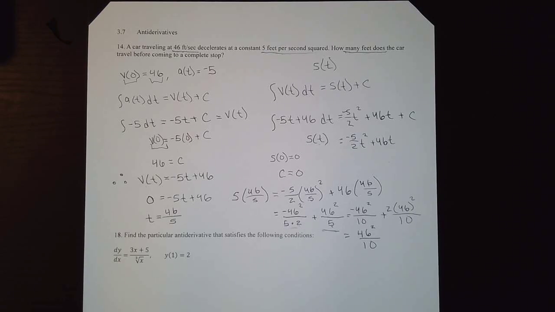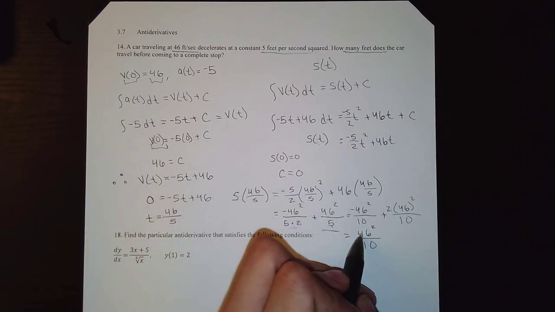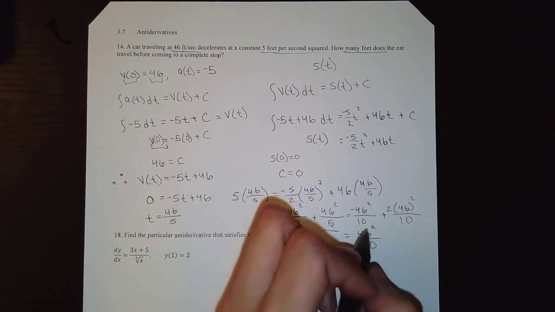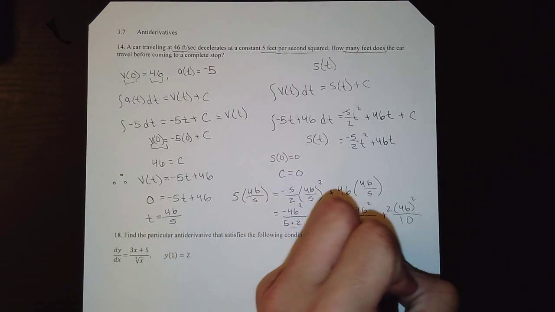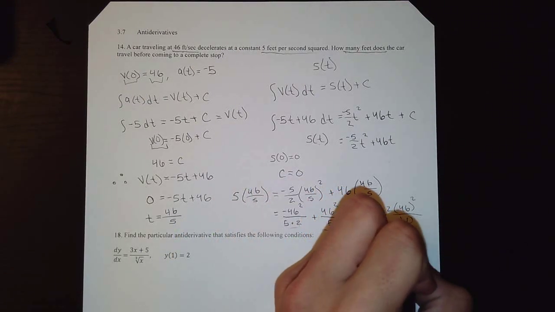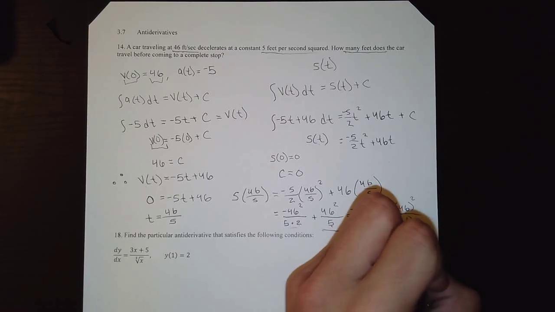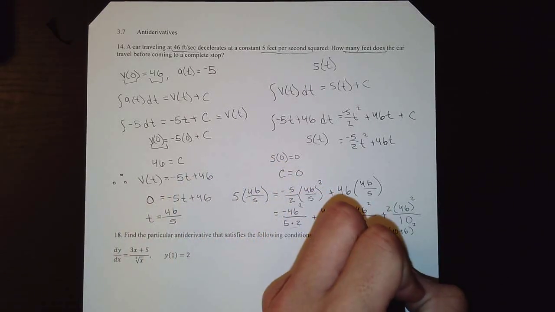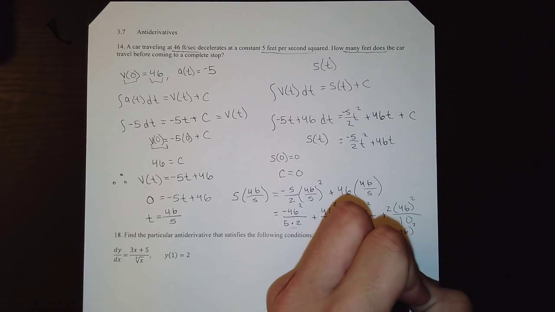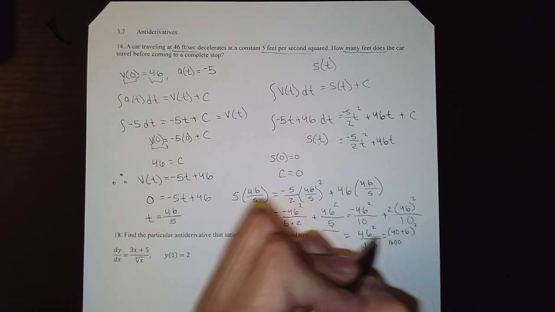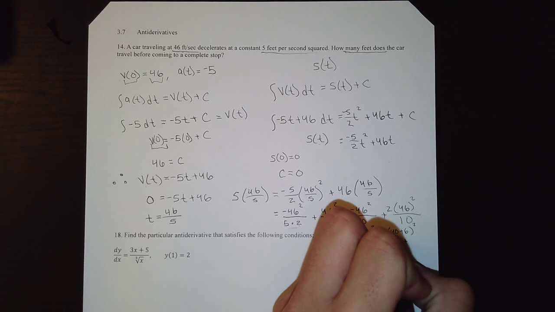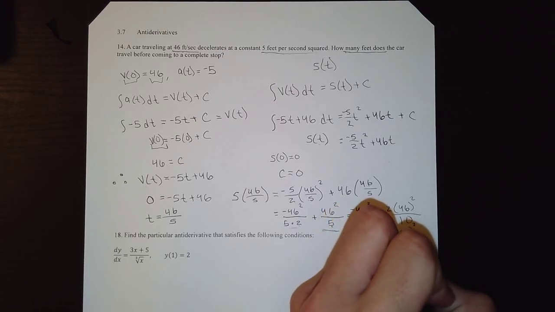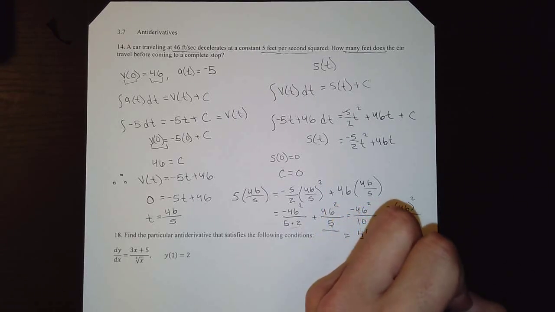For a little more simplification, we can rewrite this as 40 plus 6 squared, or 40 plus 6 times 40 plus 6. And what you would get would be 1600 plus 480 plus 36.